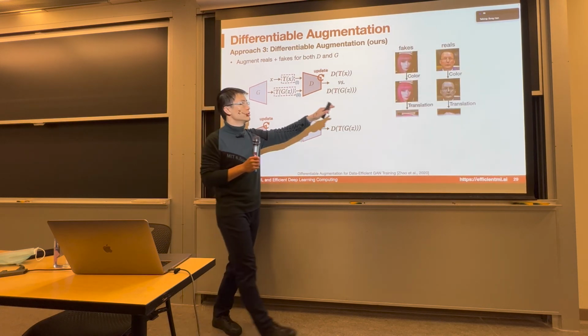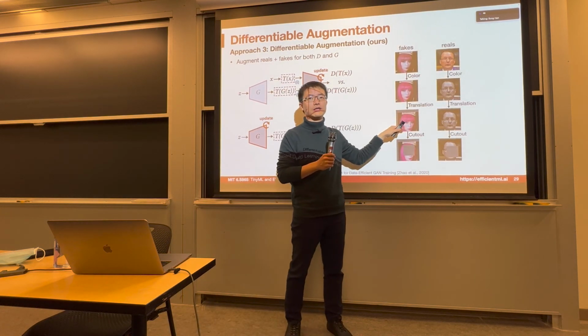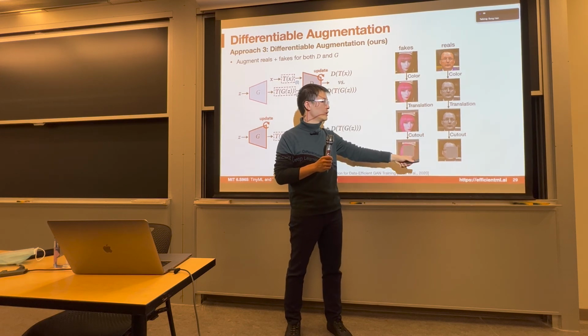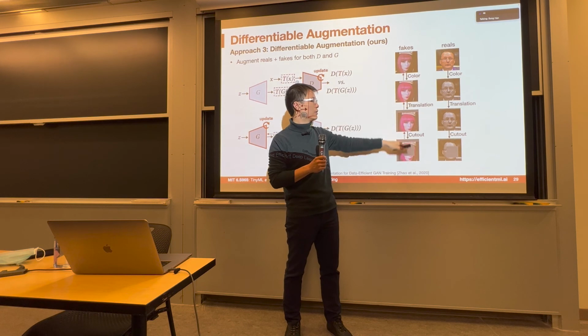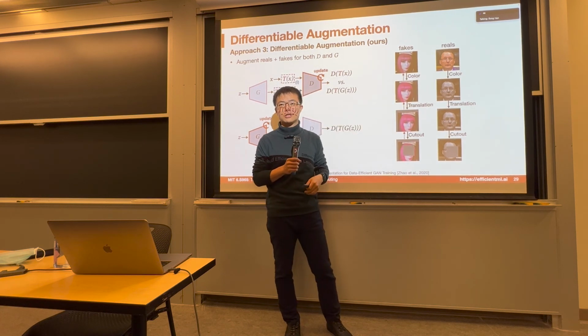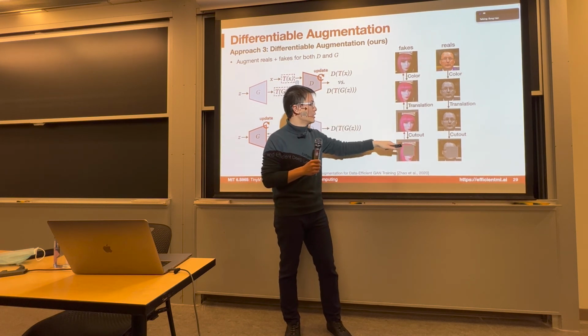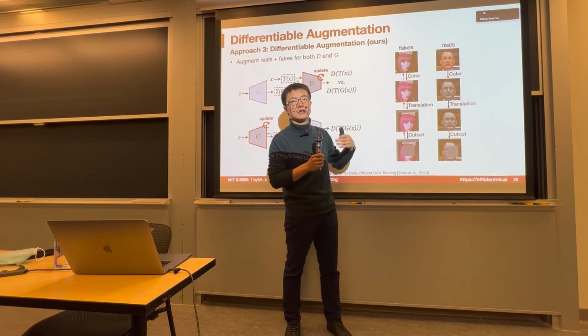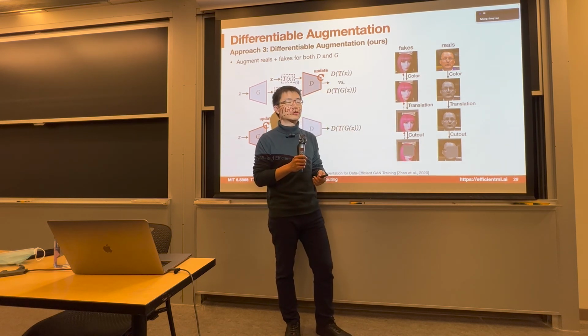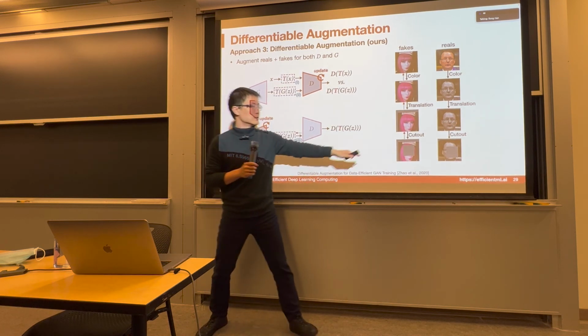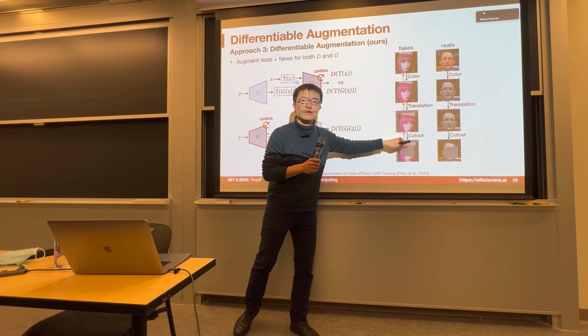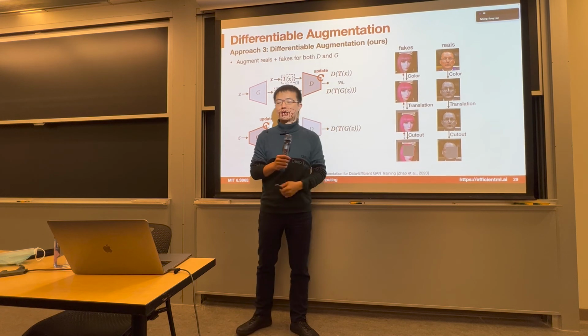So not only for real image, but also for fake image, not only the forward, but also the backward. We need to backpropagate through all sorts of jitters, color jittering, rotation, cutout, distortion, etc., all the way to the generator. Okay, so this is the difference from third approach versus the second approach.